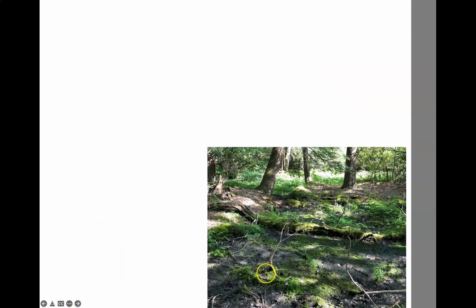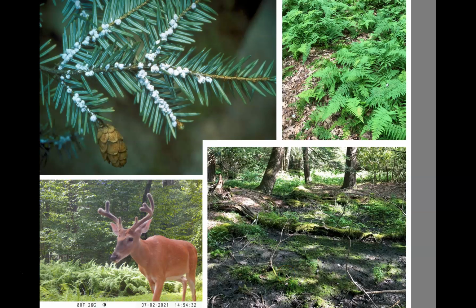If you were to be within these watersheds, you might see that the forest looks somewhat like this in some areas, particularly where there's a lot of water, maybe some seepage. But what we know about that area is that there are a lot of stressors on this forest environment. We have a very high level of deer browsing going on in the area.